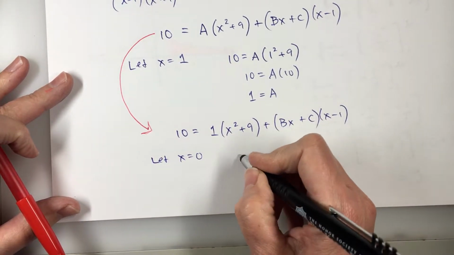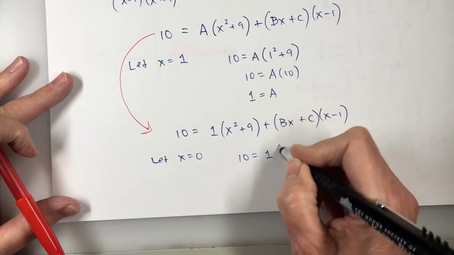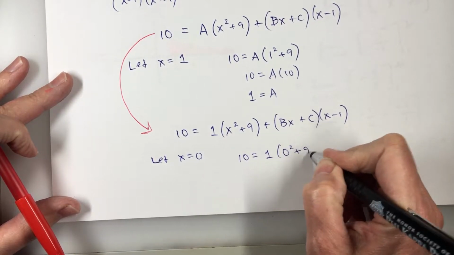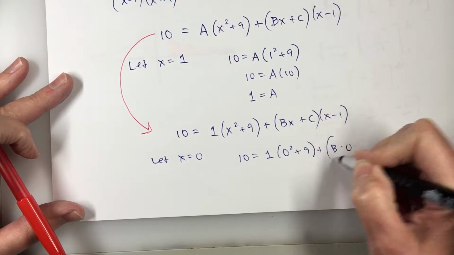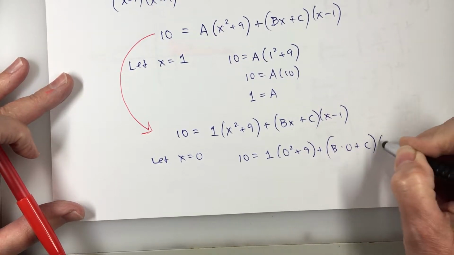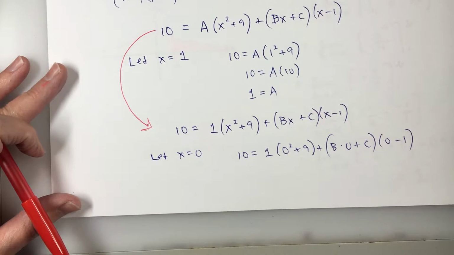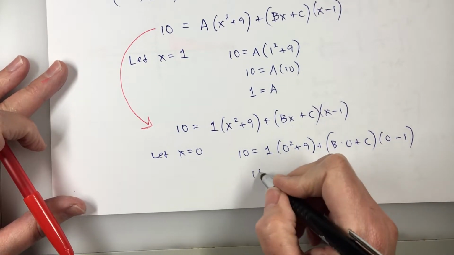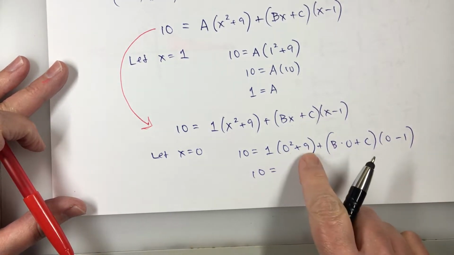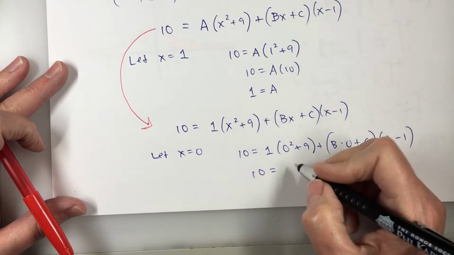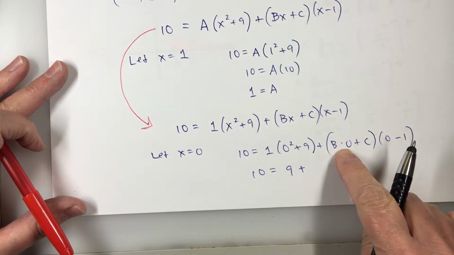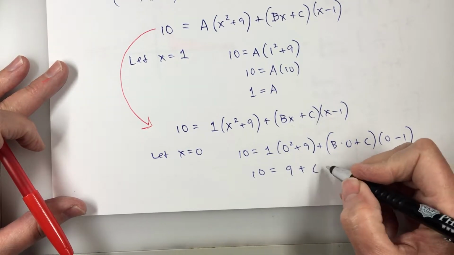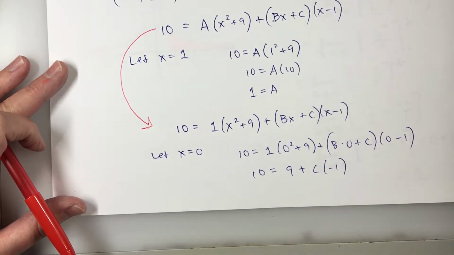And I will have 10 equals 1 times 0 squared plus 9 plus B times 0 plus C times 0 minus 1. So 10 equals, well, this is 9 plus B times 0 is 0, C times negative 1.